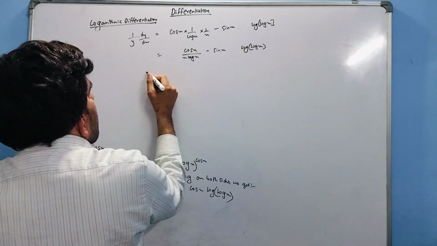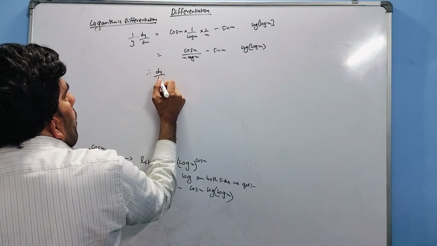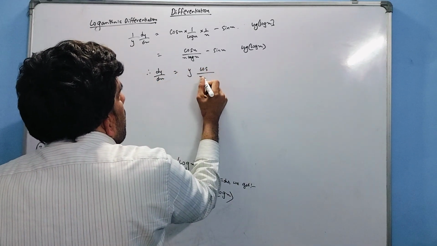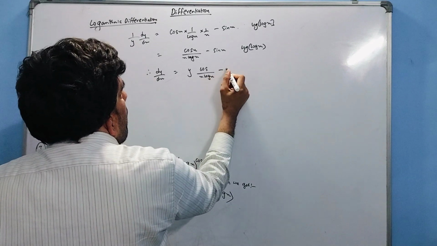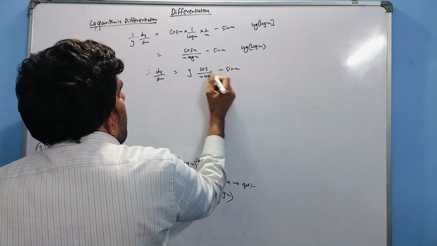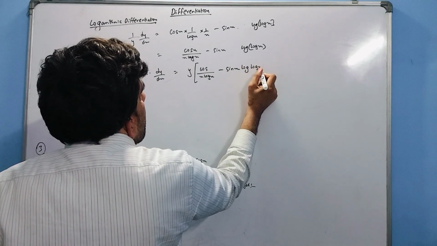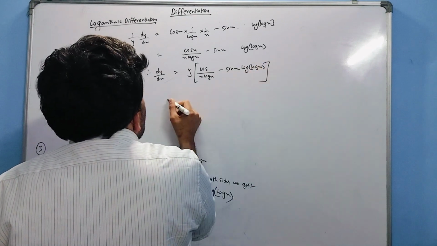Okay, so now we can write, therefore dy upon dx is equal to y into cos x upon x log x minus sin x log of log x. So now what is y here?